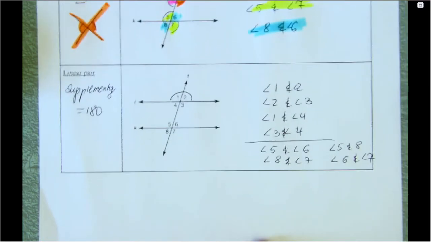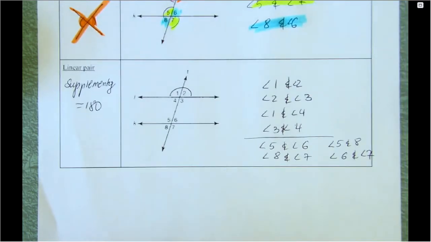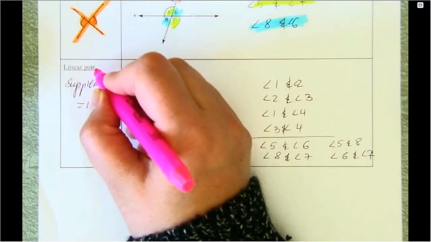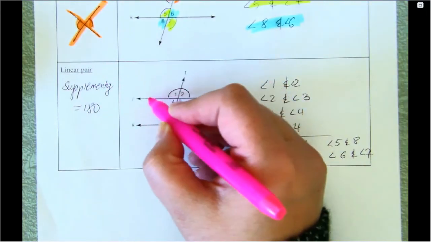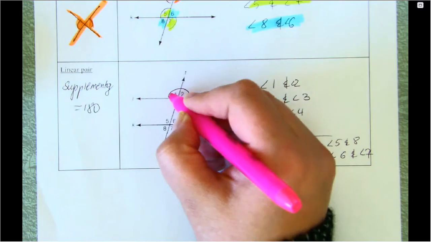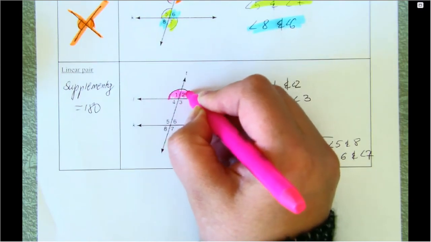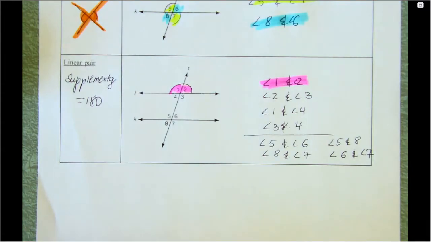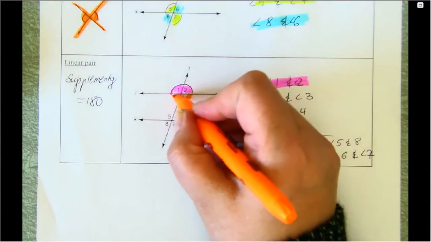And the last one, and again, this is not only formed by parallel lines and a transversal, but we're going to use it a lot. It's called a linear pair. Linear pair means they're going to form a line. So for example, angle 1 and 2 is a linear pair. And 4 and 3 is also a linear pair.